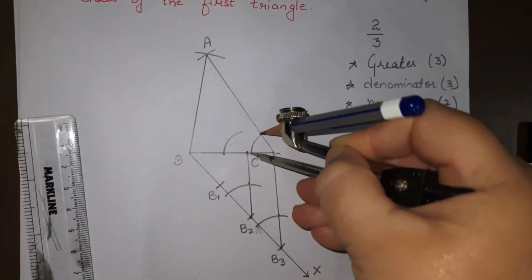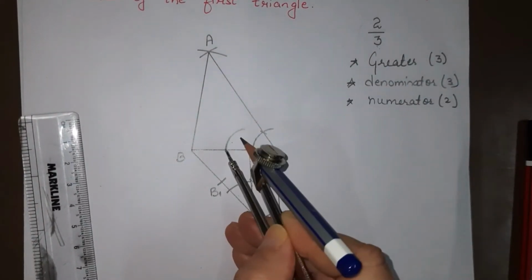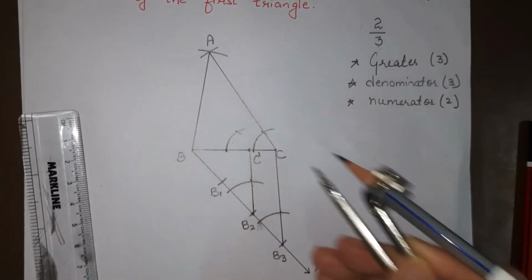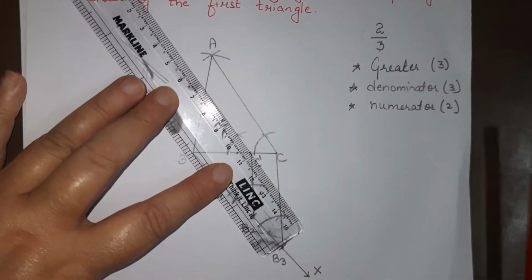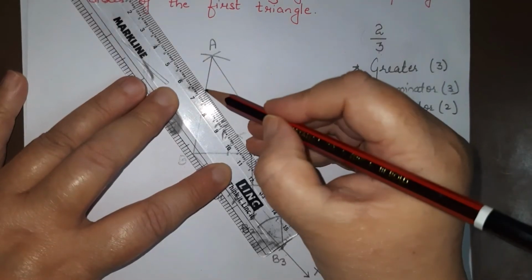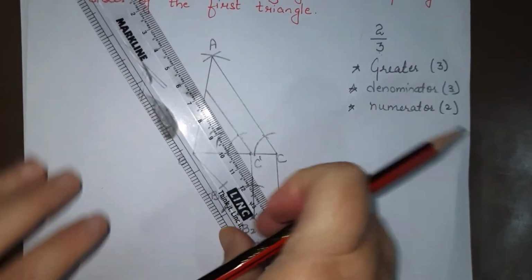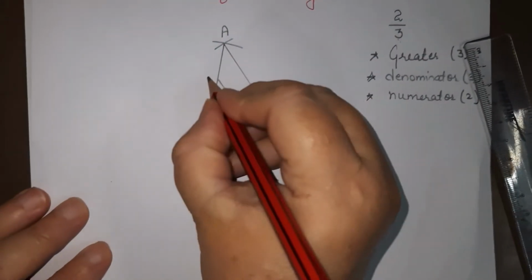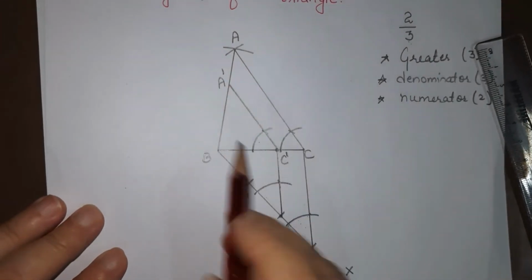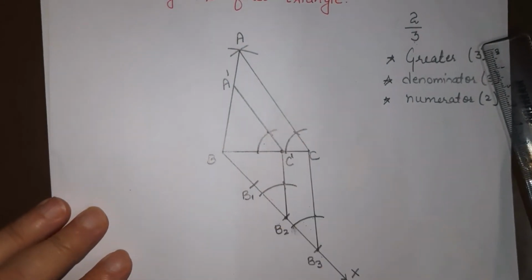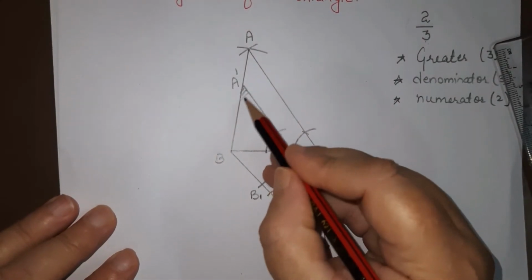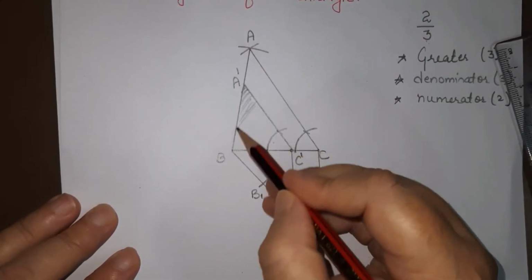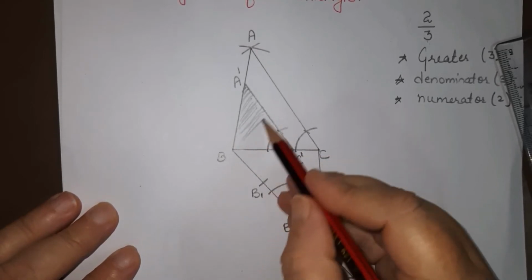So you can take this point as A dash. So A dash C dash is parallel to AC and this is our required triangle A dash, B, C dash.